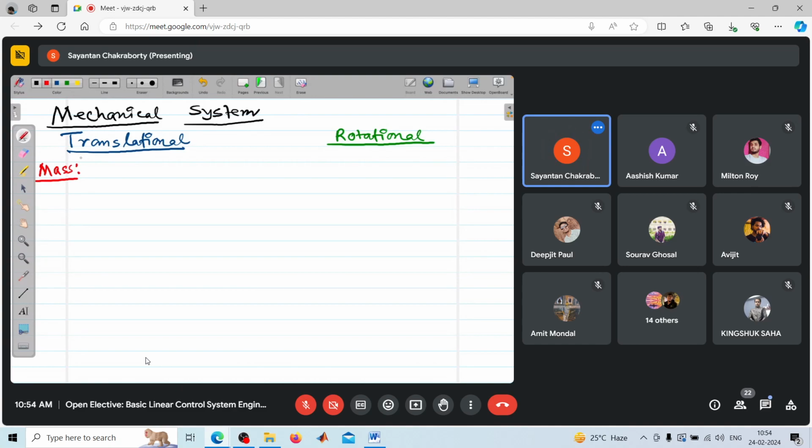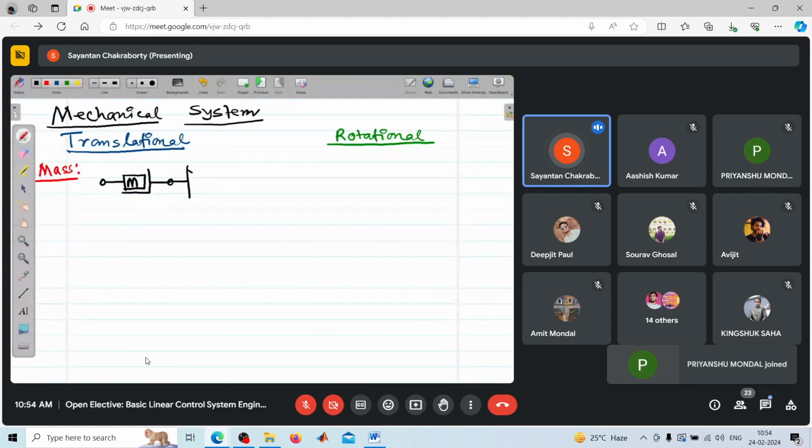A mass element. Say we have a mass element like this, and this is a reference. If we apply a force over here, it gives a displacement x and velocity v.